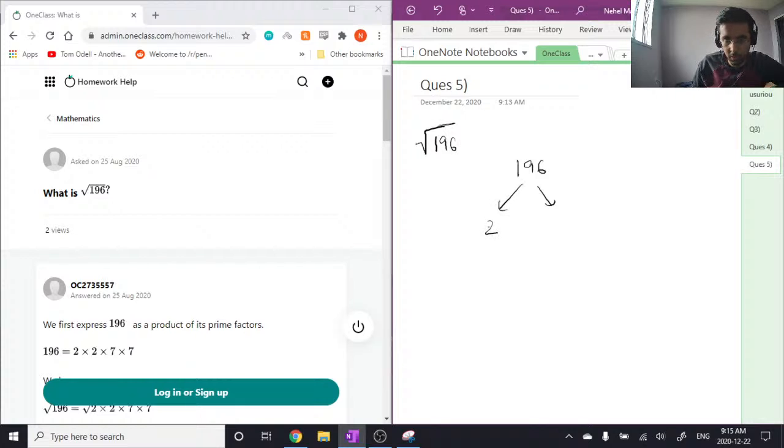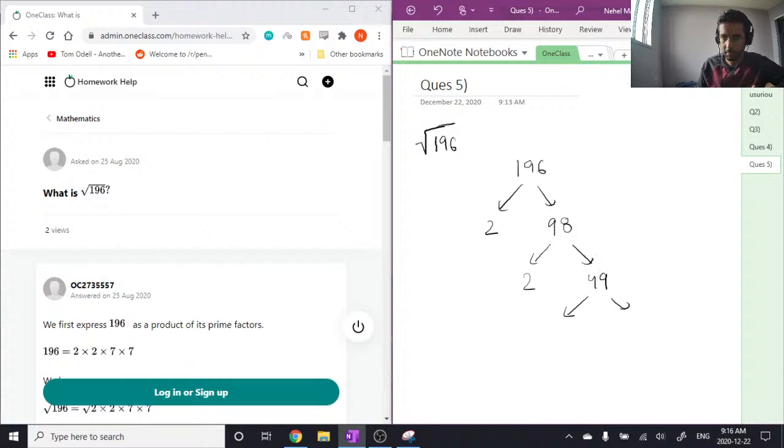So right away 2, we always try 2 to begin with. 2 times 98 is 196, and again we try 2, we get it, and we get 49. We tried 2 here, it doesn't work. The quick trick to see if 3 works or not is if you add the digits and you get a number which is divisible by 3, then 3 is indeed a factor, but in this case we get 13, and 3 is not a factor of 13, so we skip 3.